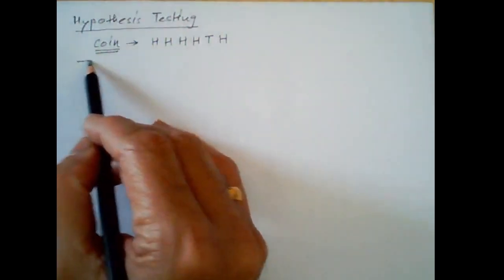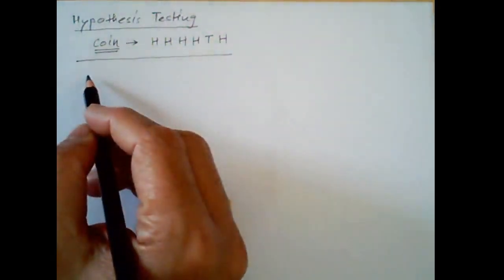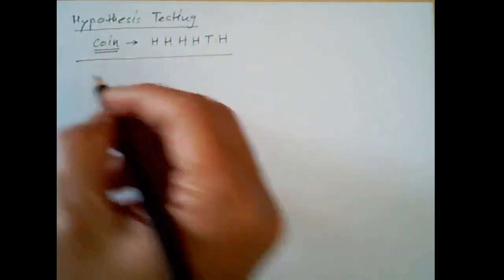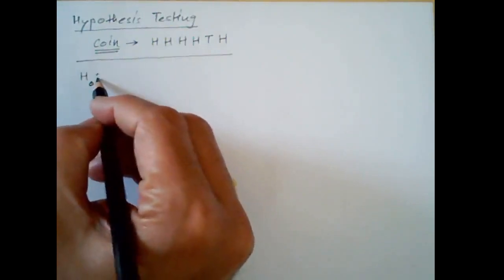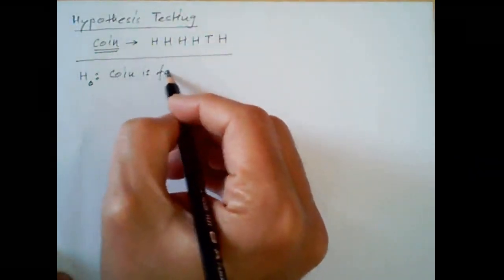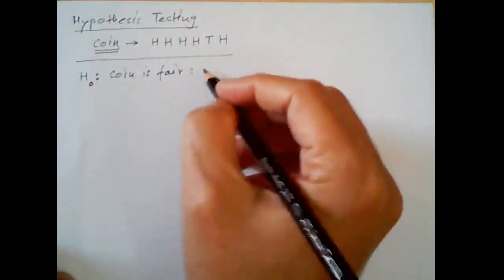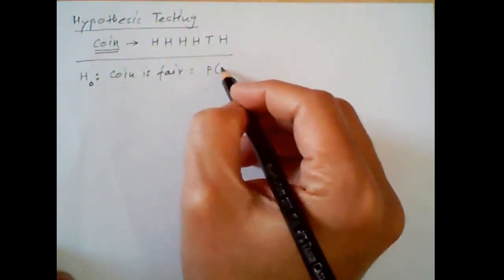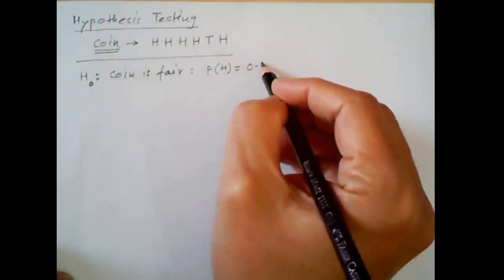The very first step is to put down our hypotheses. First, we put down our null hypothesis, which is that the coin is fair. To write the same thing in mathematical language, the probability of getting heads for this coin is 0.5.